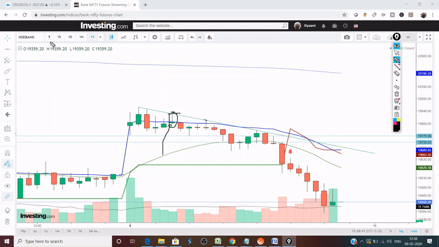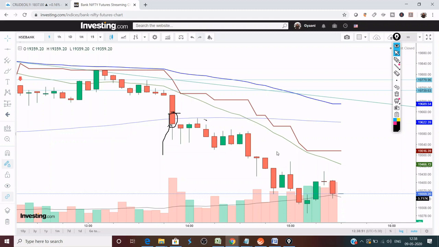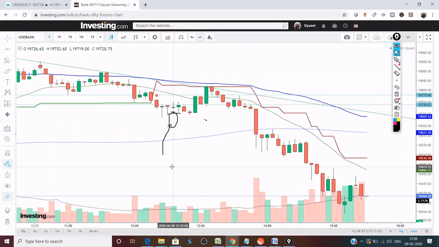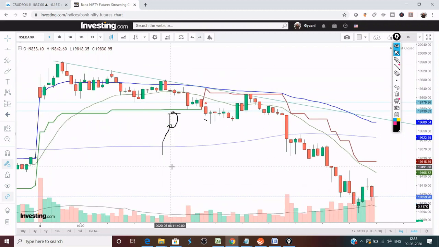You can find these kind of patterns on a lower time frame also. See, it will be very easy to find. So this is one pattern: away from the 20, reversal sign, stop loss. Even this is a pattern. If you combine these two candles, it will be a big red candle taking out this, and this is also a pattern.